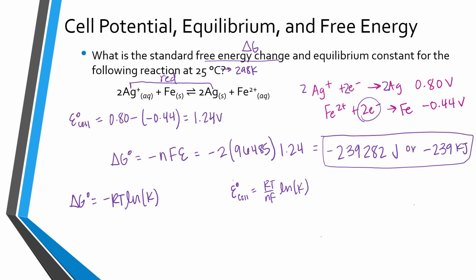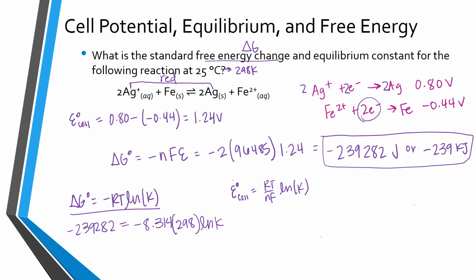We can do either one, okay? So let's solve it first with this equation here. So I'm going to use my joules because R is in joules, or I could change R to kilojoules, up to you. My temperature is 298 times the natural log of K.